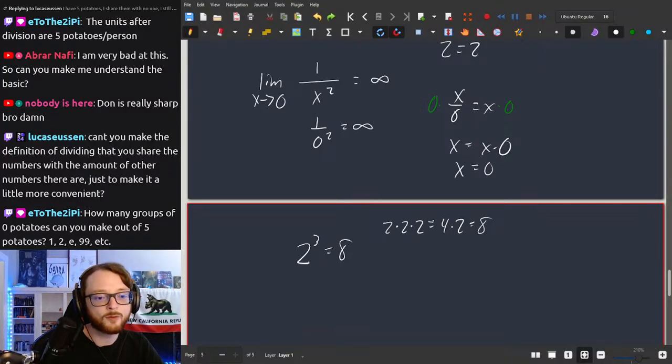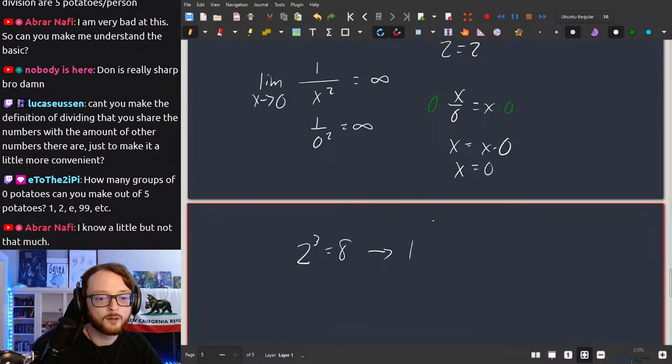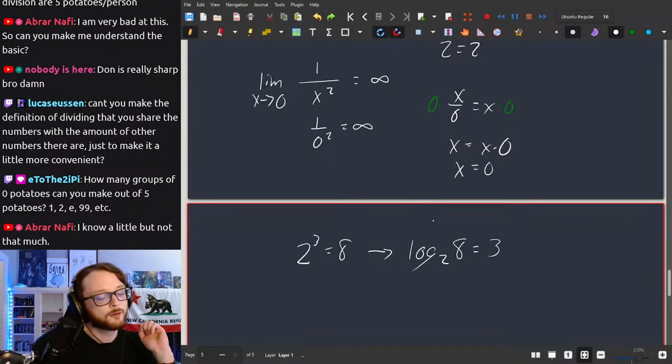And we can translate that equation into logarithmic form. What we do is we say log base 2, because literally the base in this equation is 2 that's being raised to a power. And then it's log of the result 8 equals 3, the exponent. So logarithms find the exponent.